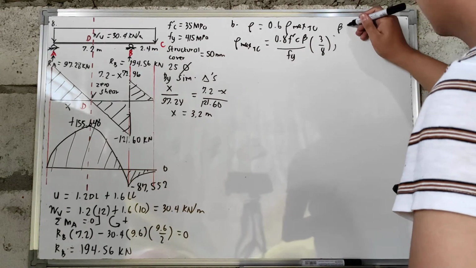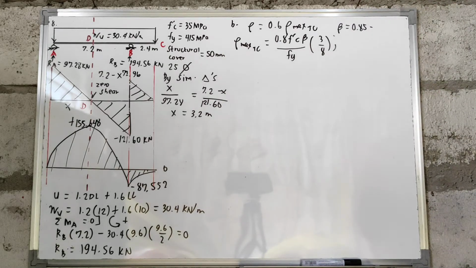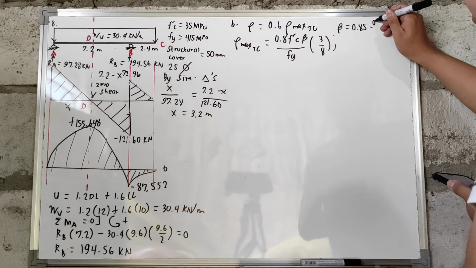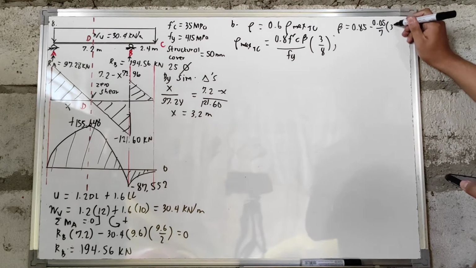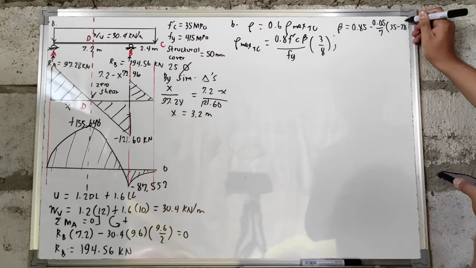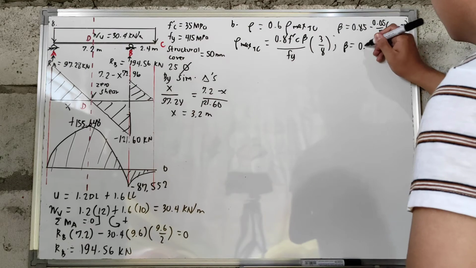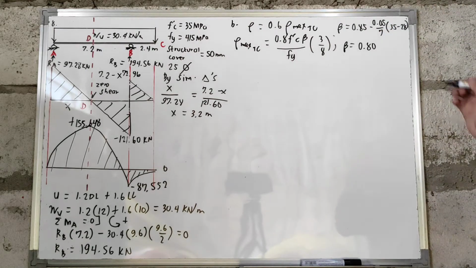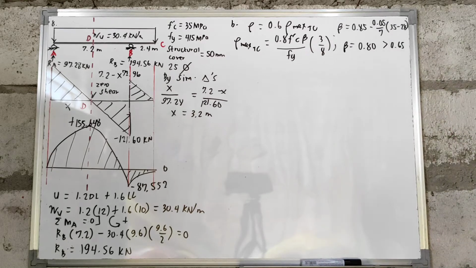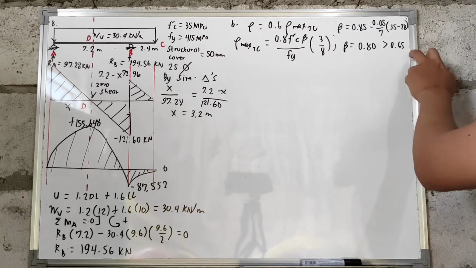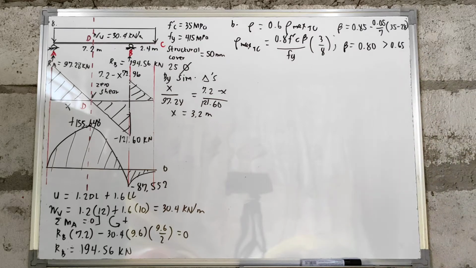So, beta is now equal to 0.85 minus 0.05 over 7 multiplied by yung 35 minus 28. So, you will have a value of your beta which is equal to 0.18. So, yung 0.18 natin, that is greater than 0.65. So, gagamitin natin is 0.18. So, kapag naman nalagpasan naman, yung mga values natin hanggang dun, that is 0.65.